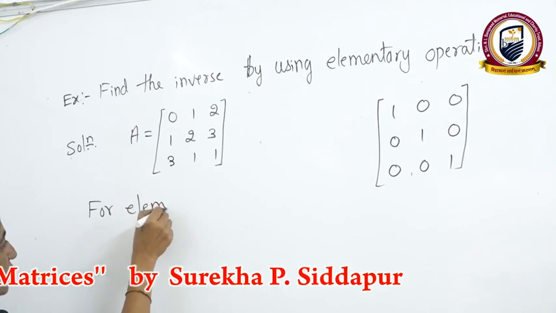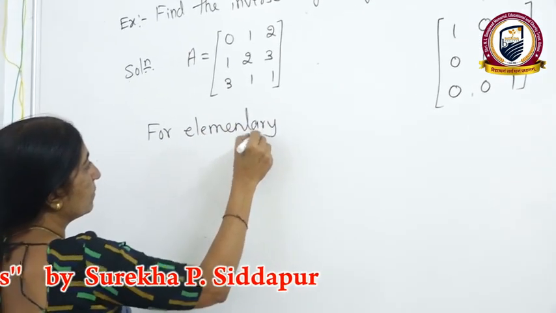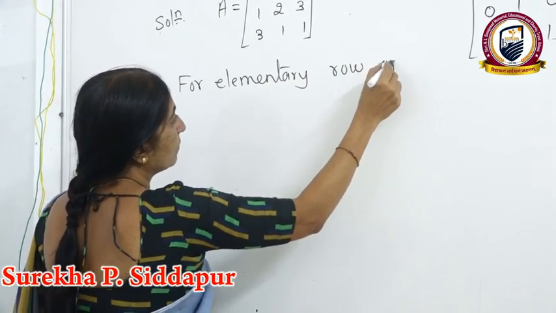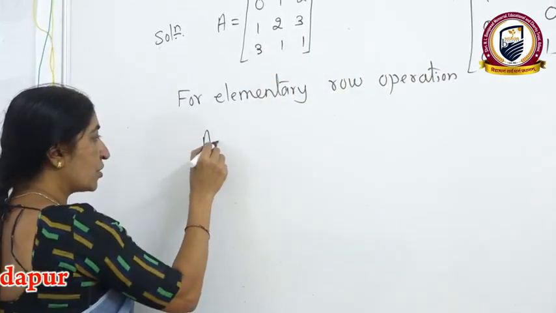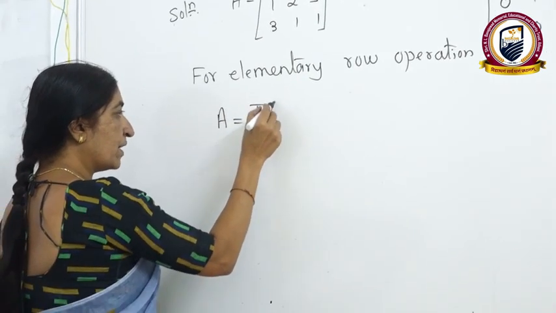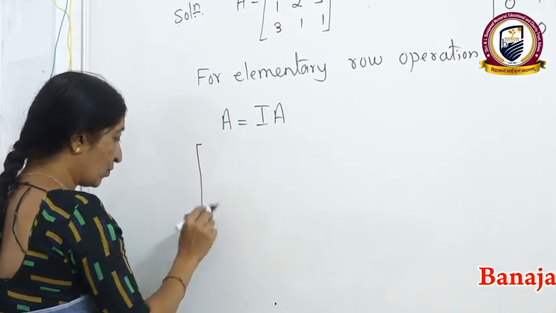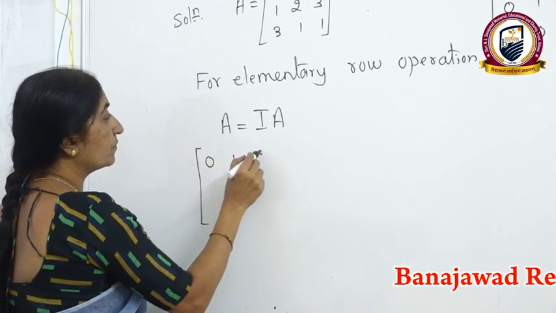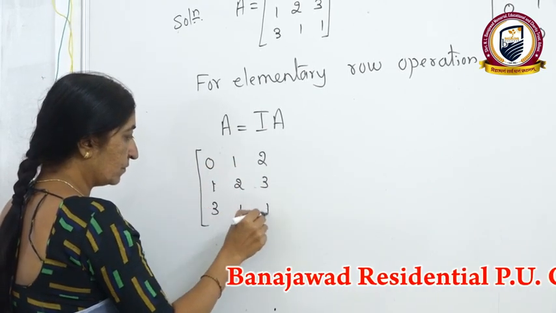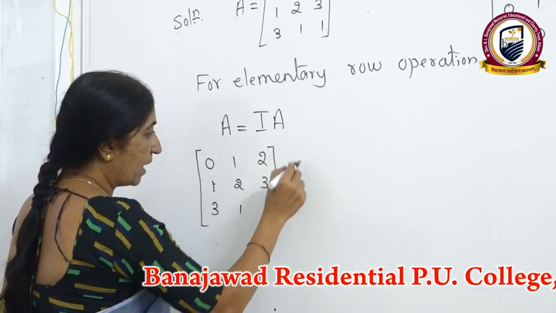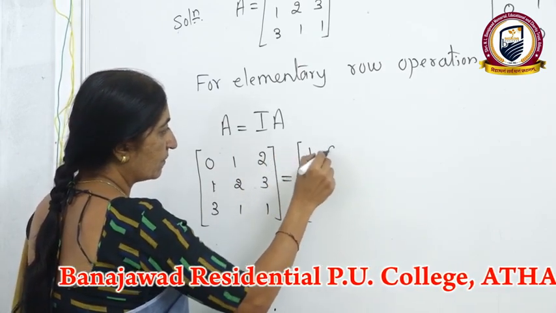For elementary row operation, I am writing the condition like this: A is equal to I into A. On the left side we have to write the given matrix, and on the right side will be the identity matrix.